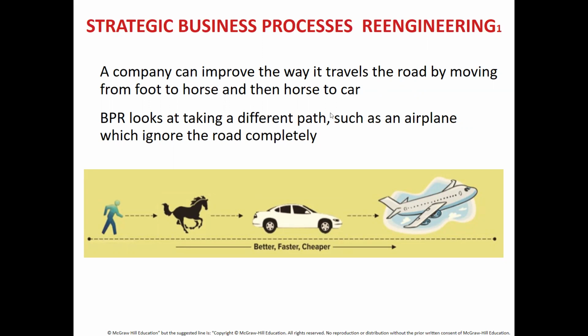But when you're looking at business process reengineering, you are not going to take that path of a person to a horse to a car. Instead, you'll just introduce an aeroplane. Why? Because companies strive to improve business processes and they want to do it by performing tasks which are faster, cheaper, and better.